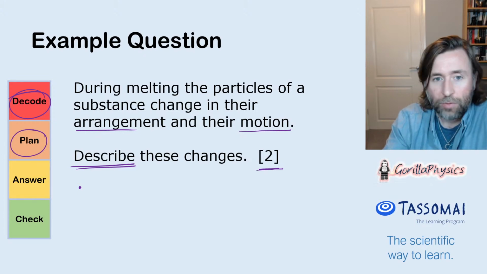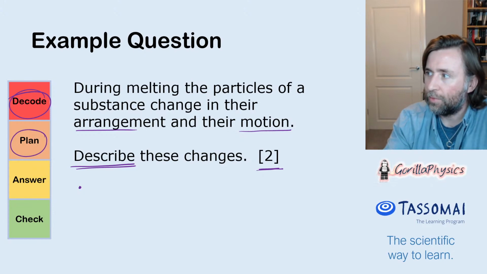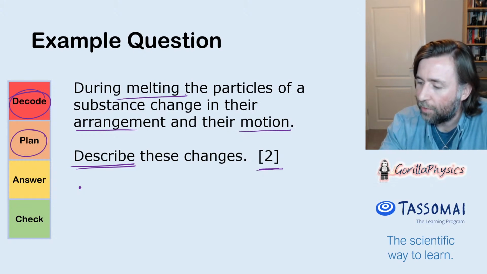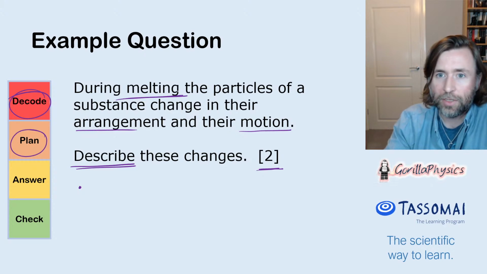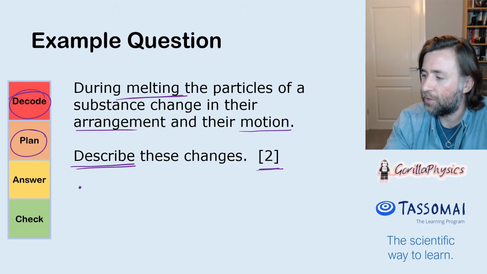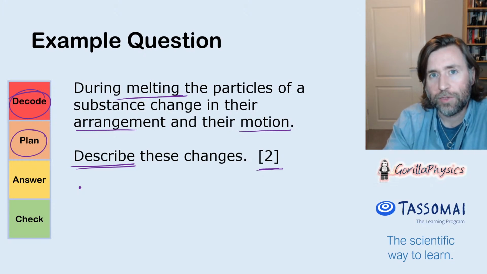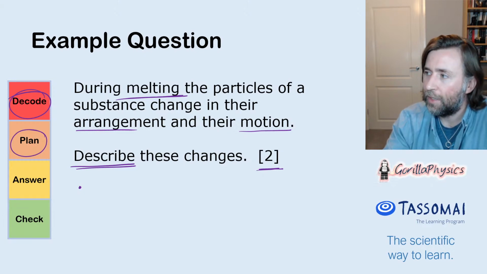Okay, now there's one more thing I need to be aware of to load up into my working memory. This is talking about melting. So that's the change from a solid to a liquid. So what's the change when the particles change from a solid arrangement to a liquid arrangement?